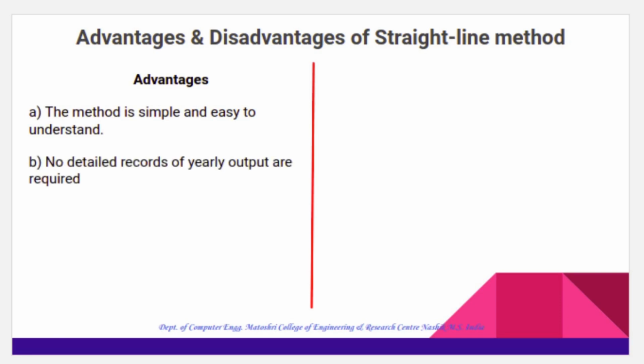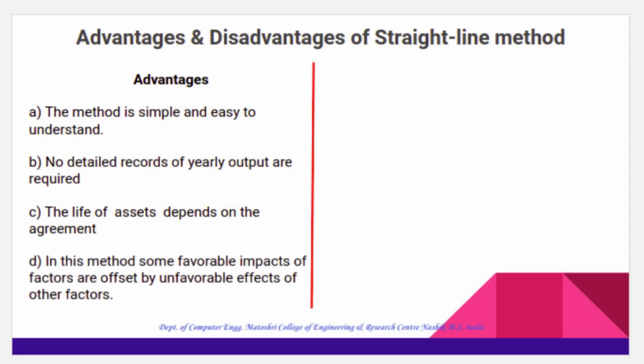Second, no detailed record of yearly output or usage hours is required. Third, since the life of certain assets such as patent rights and lease depends on the agreement and period of time, almost similar benefits may be derived from these assets throughout their life.